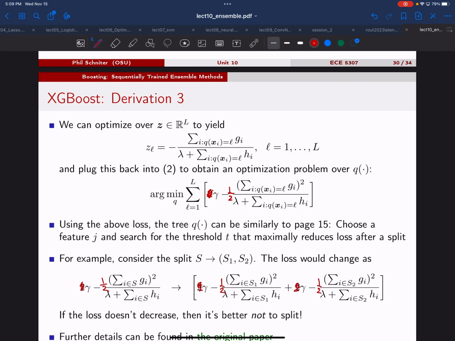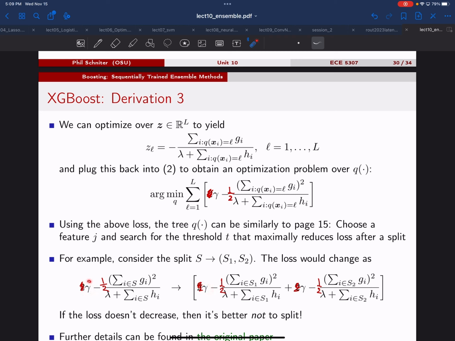Okay. So one interesting thing to note is when you're doing that tree design, you keep splitting your data into 2 parts, and you evaluate the loss before the split and the loss after the split. When you look at the loss after the split, you can see that the value of whatever you assign for gamma actually doubles.